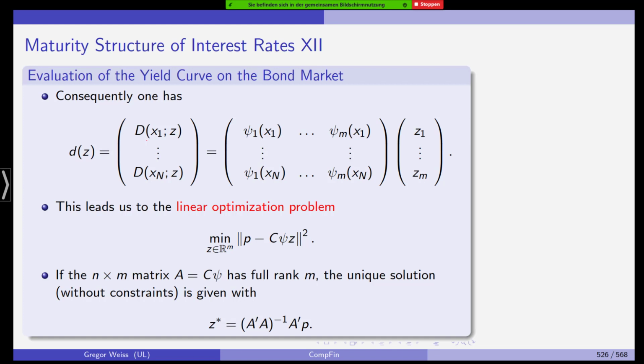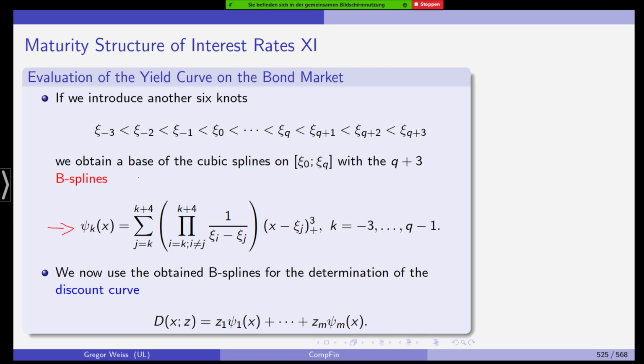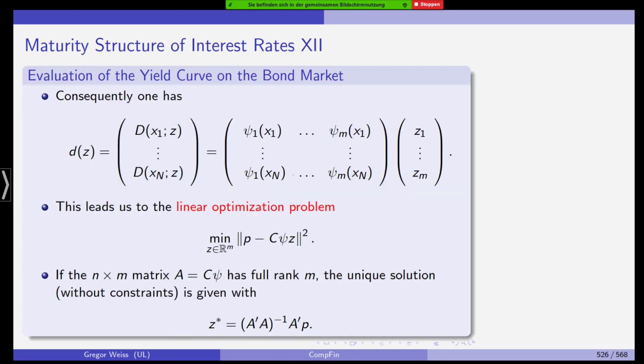D is the function, it's given by all those different discount factors, and it's actually the set of B-splines. These are the B-splines. And we have a linear system of equations, and we have some parameters, z1 until zm. This brings us to a linear optimization problem.